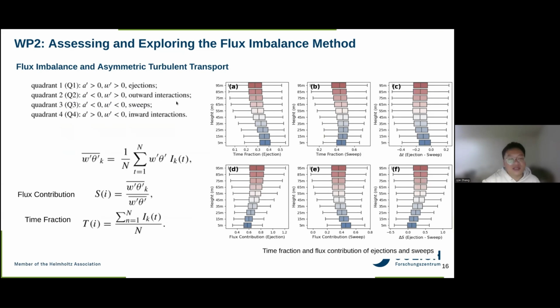You can calculate the flux contributions or the time fractions from the different quadrants. On the right side is the box plot of the flux contributions and the time fractions from the ejections, the sweeps, and the difference between them. What we found is that the difference between the ejections and the sweeps also increases with height, which can explain the increase of the flux imbalance.